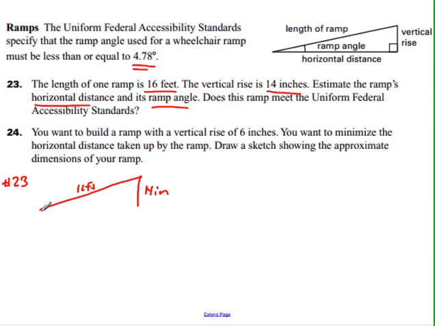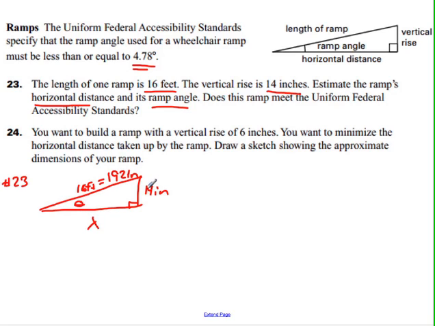Right away, just drawing this picture, I'm noticing a few problems. One problem is that the units are in inches and feet. Probably would do me some good to convert this into inches just by multiplying by 12. So 16 times 12 hopefully gives me 192 inches there. It says I want to find the horizontal distance, which would be x.